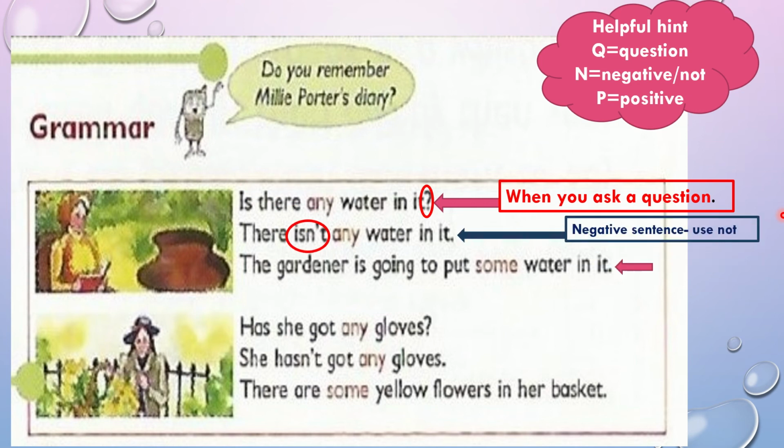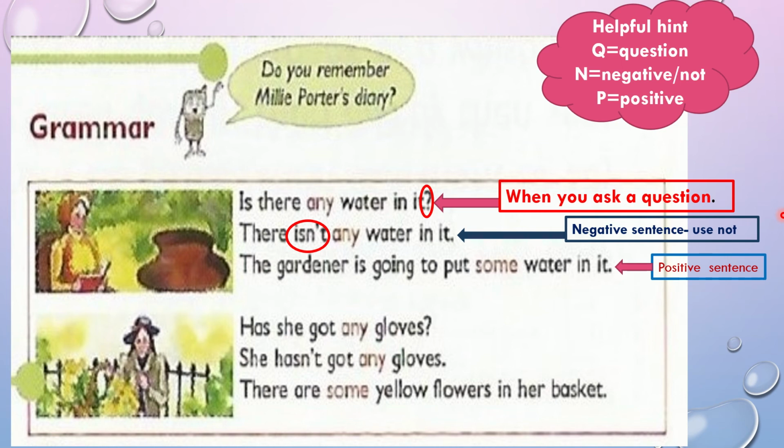This is a negative sentence where we use not. There is not any water in it. There isn't any water in it. The gardener is going to put some water in it. This is a positive sentence.